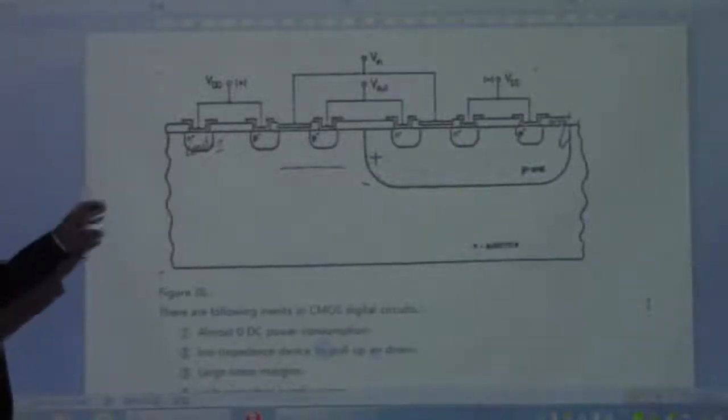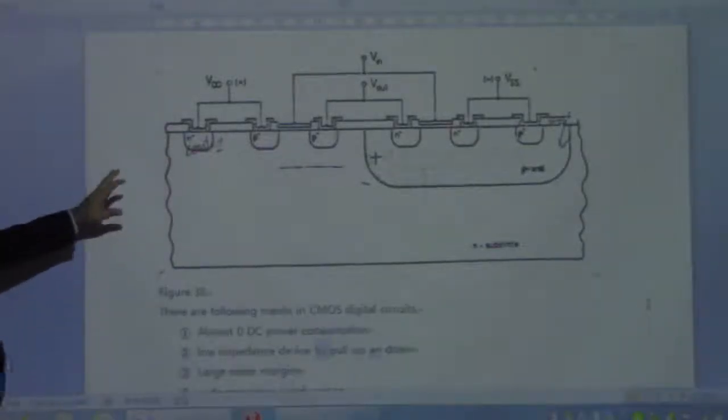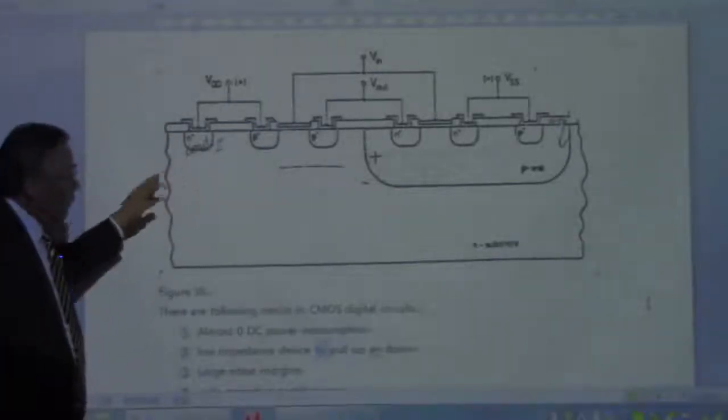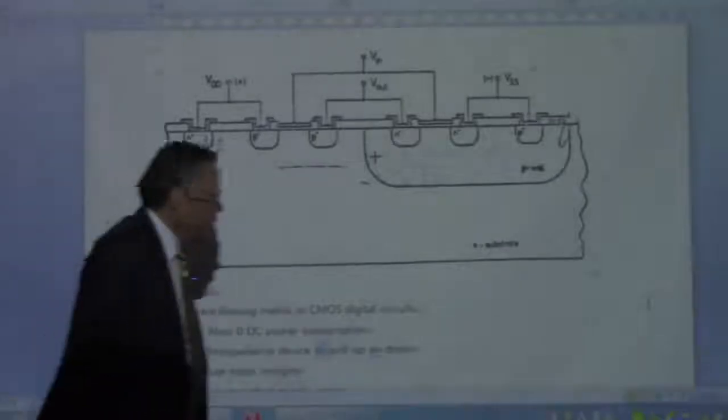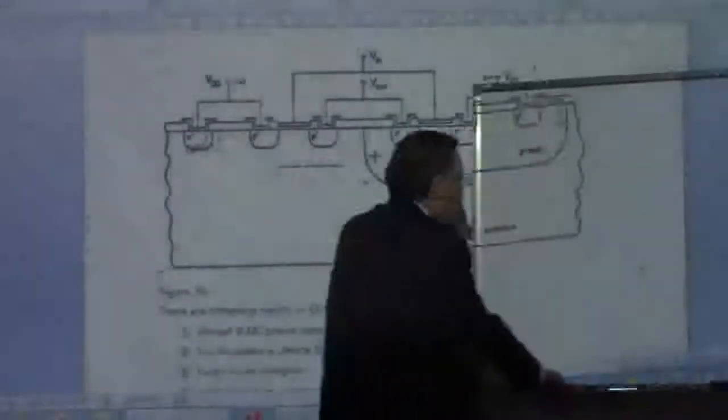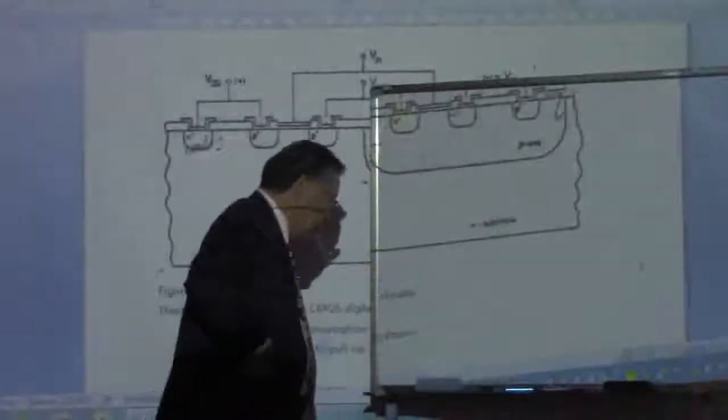Actually, that configuration is mostly used for the current CMOS device, because we have talked about this last time.